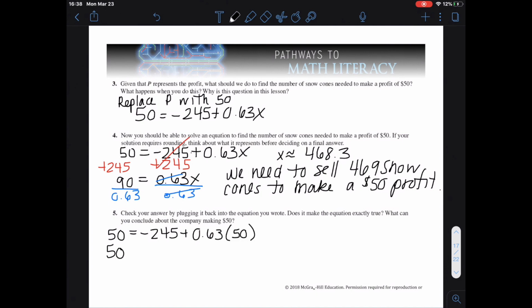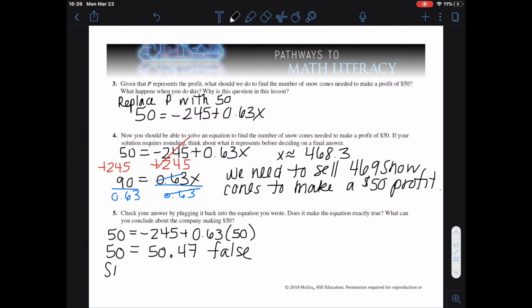So that's 50. If you plug that into your calculator, it's 50.47. So we're saying 50 is equal to 50.47. This is technically false. It's not going to check. It's not going to work exactly because we rounded.